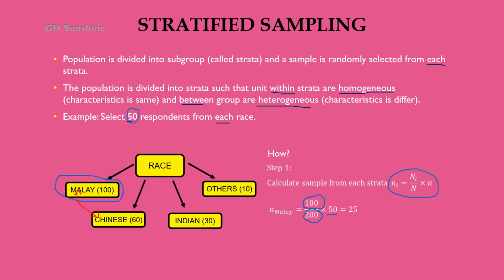So the sample size of Malay race equals 25. Then the next step, how do you select 25 out of 100? Using simple random sampling technique or systematic sampling technique. So this one, stratified sampling technique.